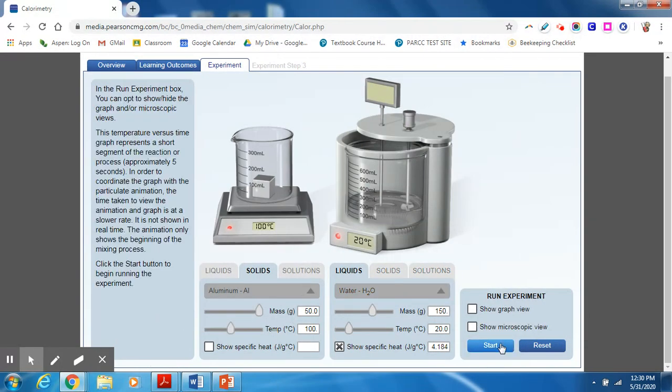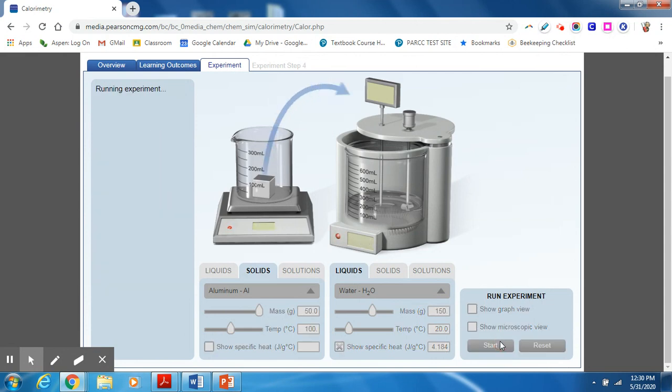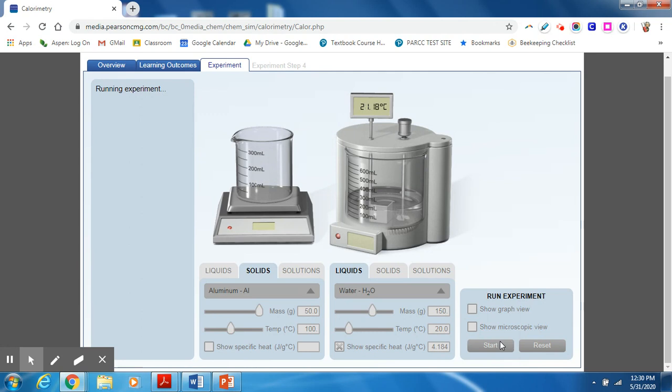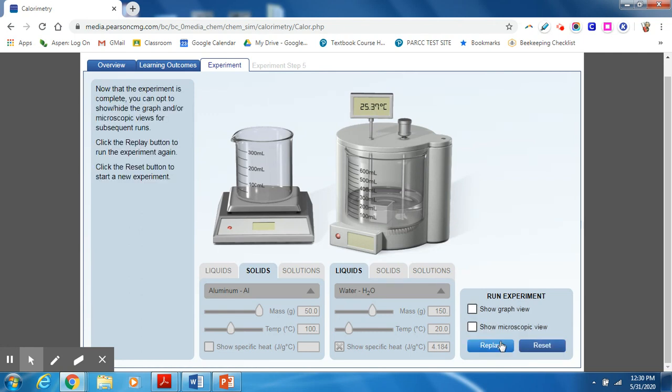So we'll go ahead and move that metal over, close up our calorimeter, and wait to see just how much energy can be transferred. When both the metal and the water are the same temperature, they will stop exchanging energy. So we'll wait to see that temperature stop changing, and when it does, we'll know that all of the heat energy from that metal was transferred to the water.